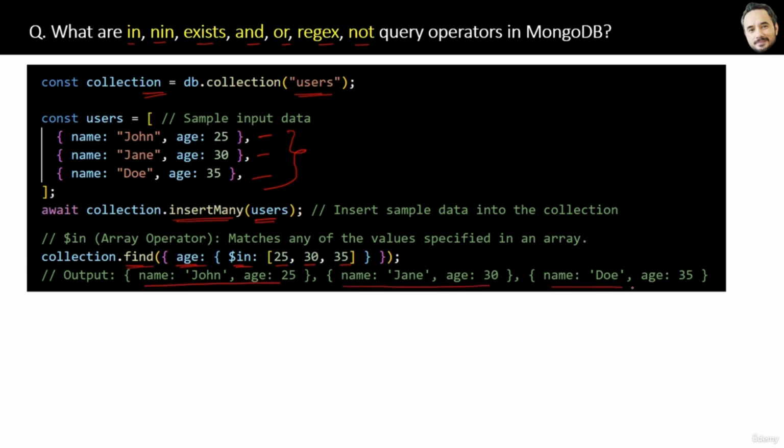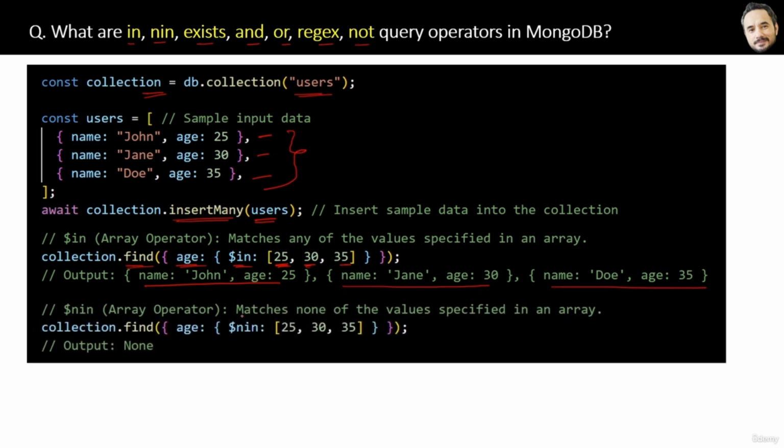Okay. So this in is an array operator. Remember that it will check whether the elements are in the array or not. It will get only the documents which have these ages. The second query operator is nin, not in, which is exactly the opposite of in. This time the same values, but the operator is not in.